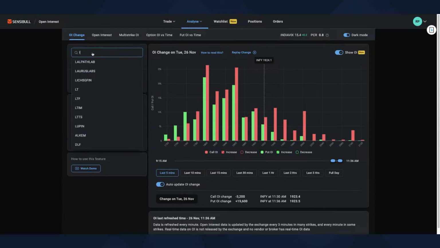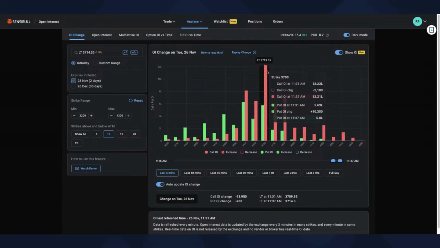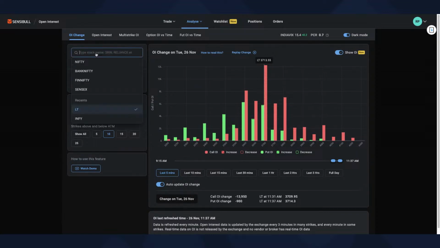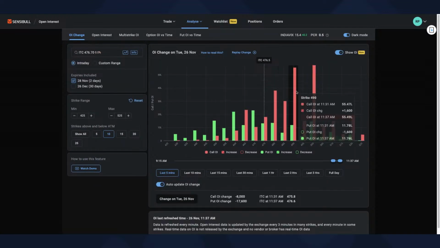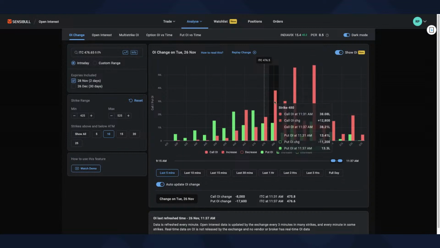But then let's go to LNT. LNT also has a massive resistance at 37, and this is pretty much at this point, and the probability of this expiring above this is very low. And then you also have ITC, one of the biggest in the index. PCR is low, and again, the probability of this going above this is very low.